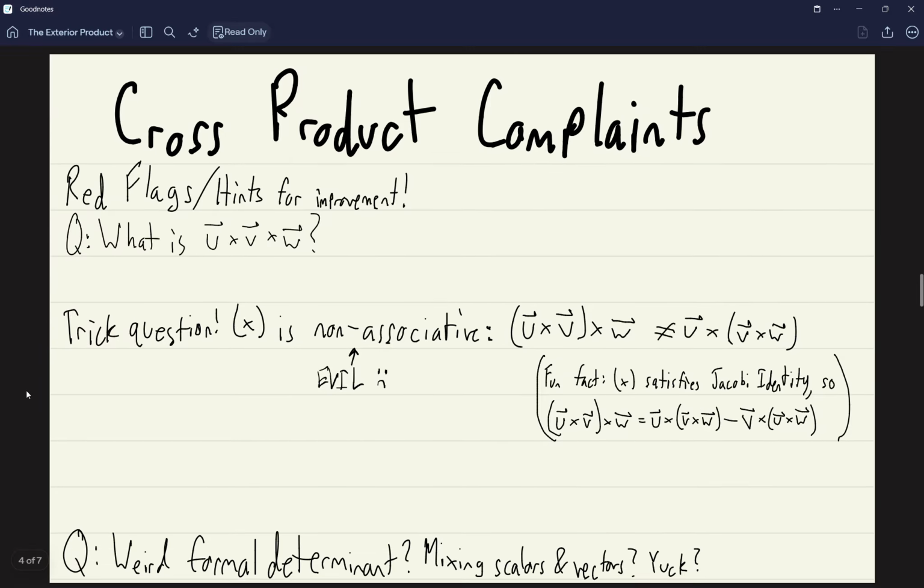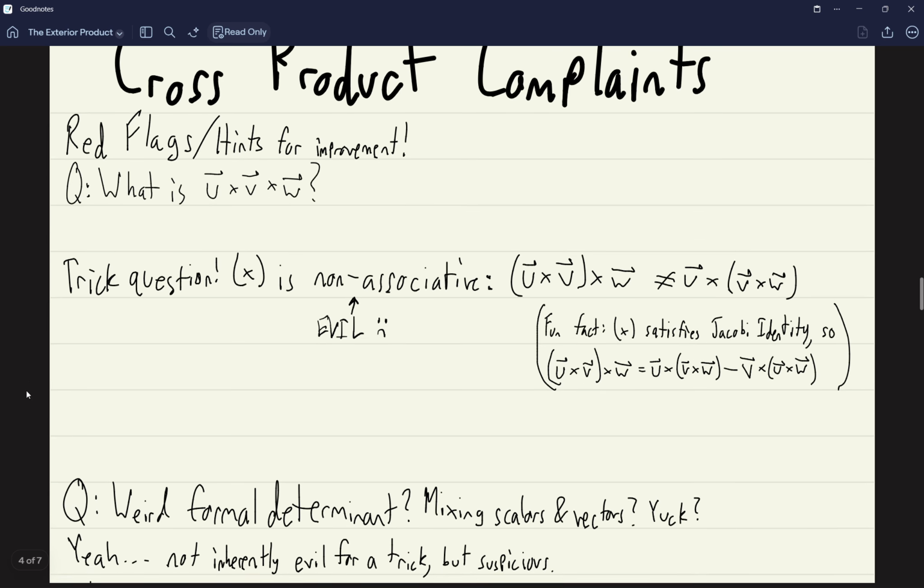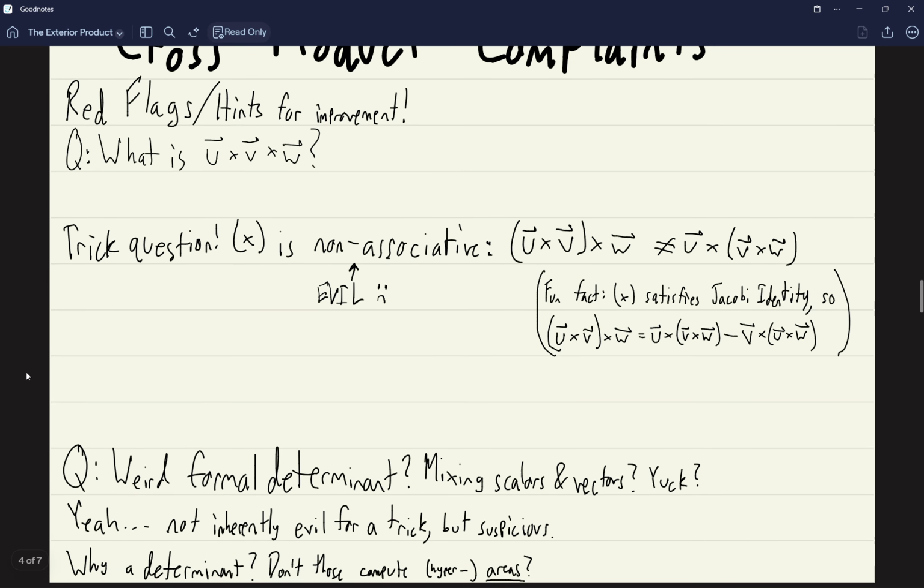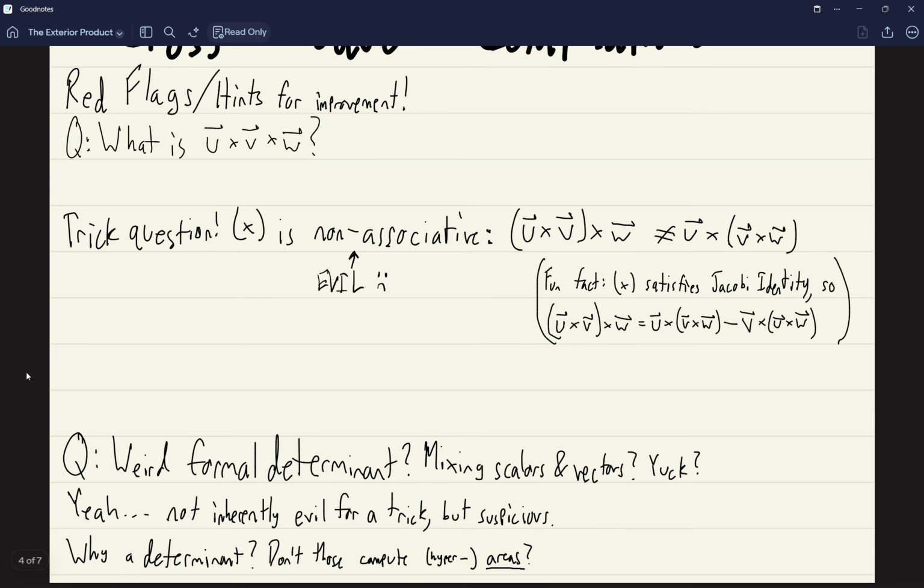We also have that weird formal determinant, which isn't necessarily evil because it's just a computation trick, and it's fine to do weird things just to make remembering computations easier, but it's a little bit suspicious, especially because we're talking about a determinant when we're really trying to compute a vector.